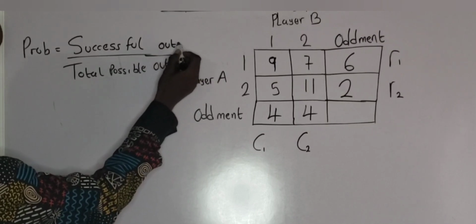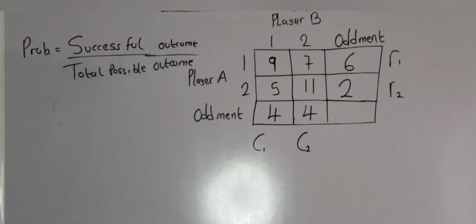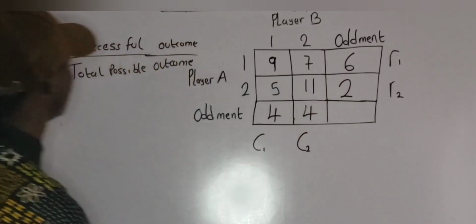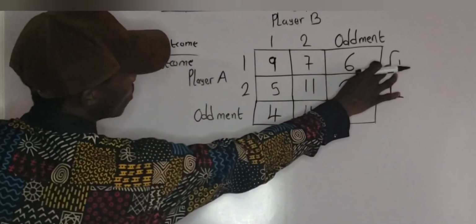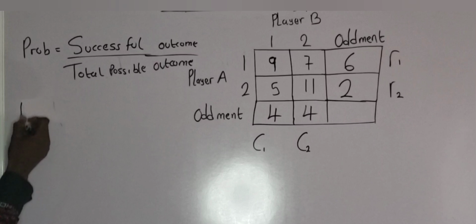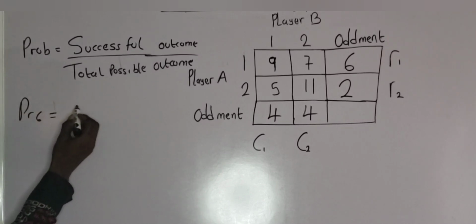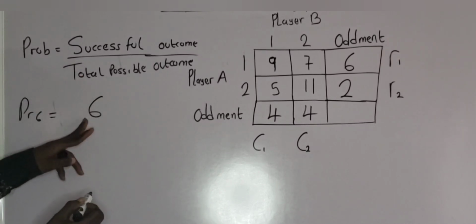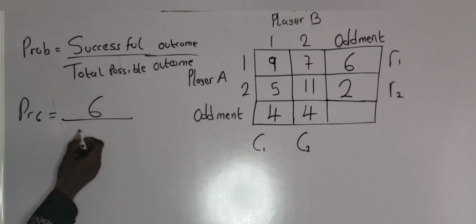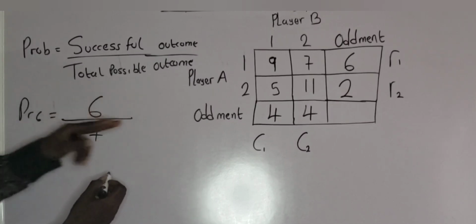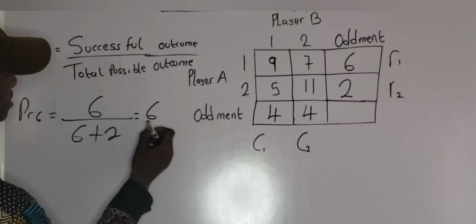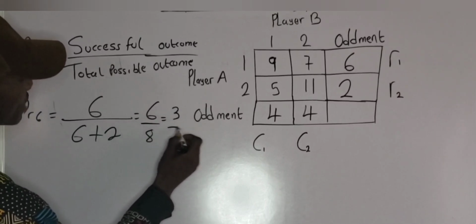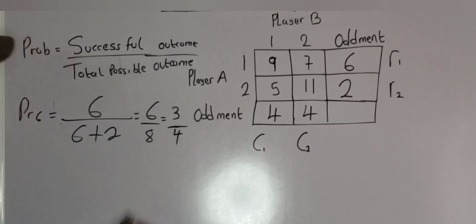So to get the probability of 6, which is for row 1, which is for this oddment, the probability of 6, which is PR6, will be 6, which is the successful outcome, all over 6 plus 2, which is the sum of the total outcome. So for this, I'm going to have 6 over 8. 6 over 8 is 3 over 4. Do you understand? I just reduced it.